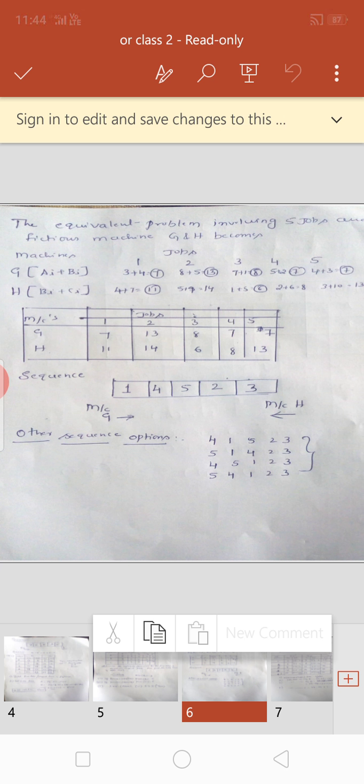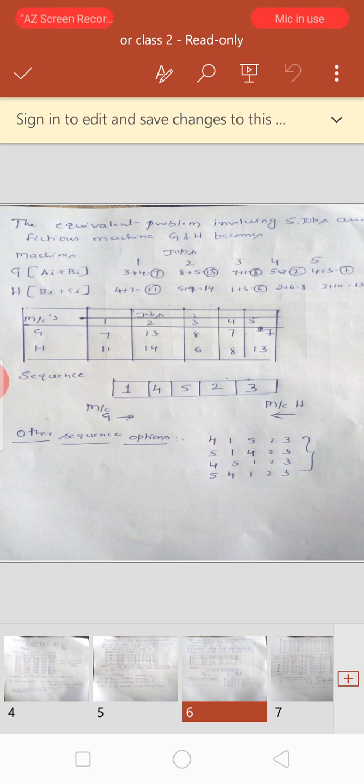Suppose the least processing time is available on machine 2, we need to allot that particular job as late as possible, which means starting from right to the left. My least processing time is available on machine 2, that is H machine, so we need to allot that job as late as possible, from right to the left.